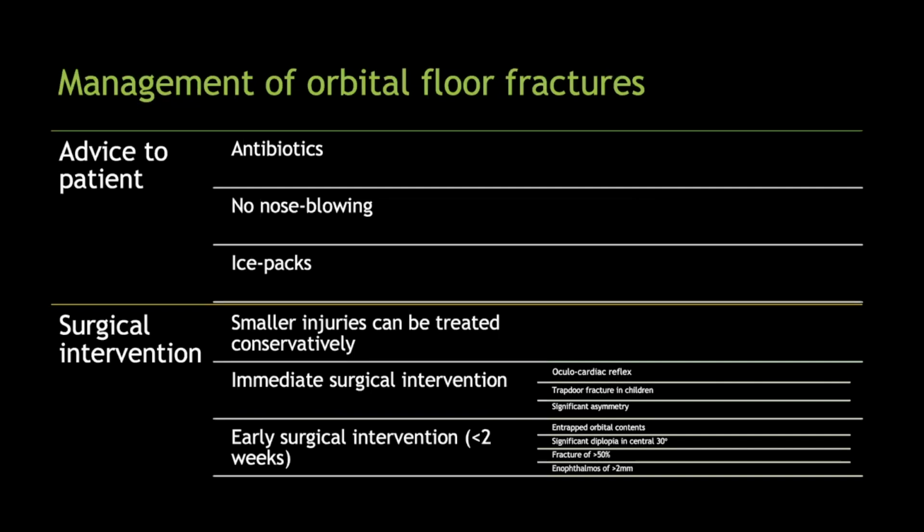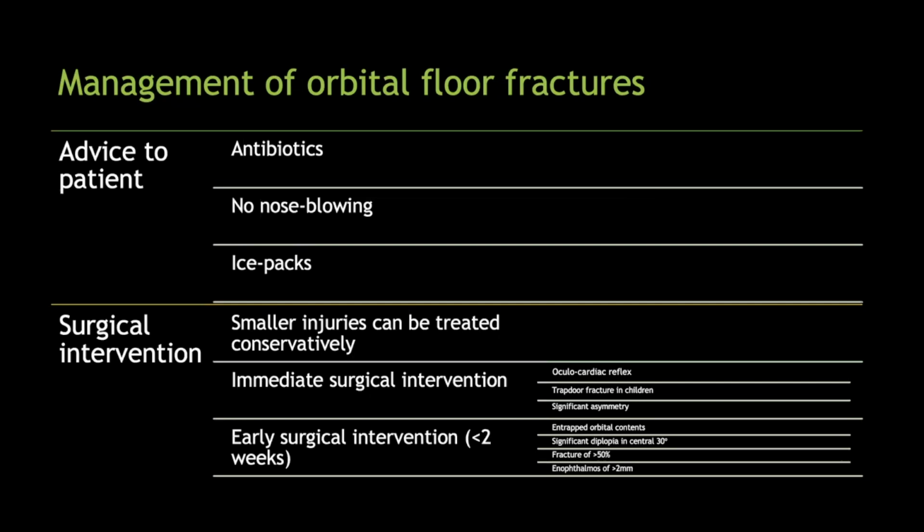And the management, like I said, will depend on the extent of the injury. Generally, most of these patients are going to get antibiotics, because you basically have an opening between the orbit and the maxillary sinus, and your sinus is going to be filled with muck. So you want to make sure that these patients are systemically treated with antibiotics to try and avoid orbital cellulitis. You're going to try and avoid nose blowing for a few weeks, and use ice packs to help reduce the swelling.